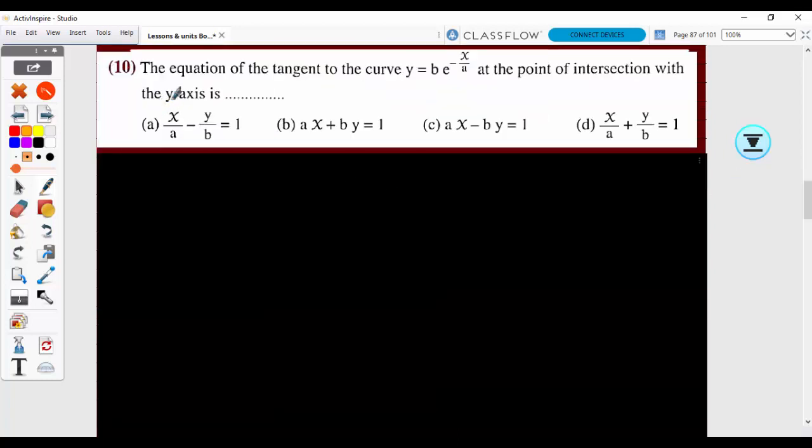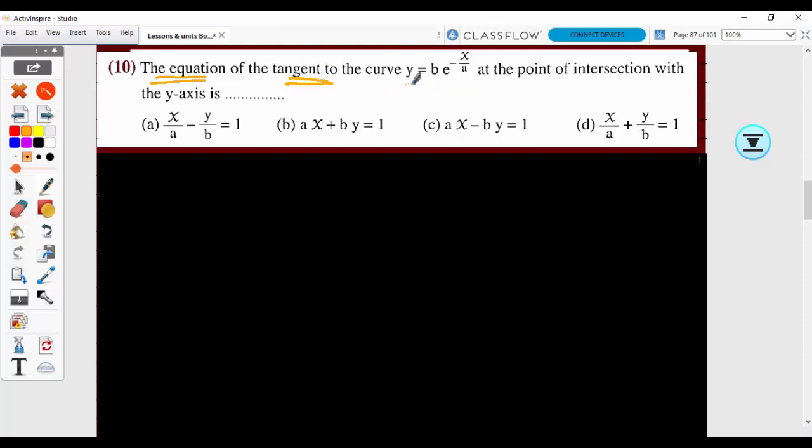Next question, the equation of the tangent to the curve y equals b dot e power negative x over a at the point of intersection with y-axis is, here the question is about the equation of the tangent to the curve.